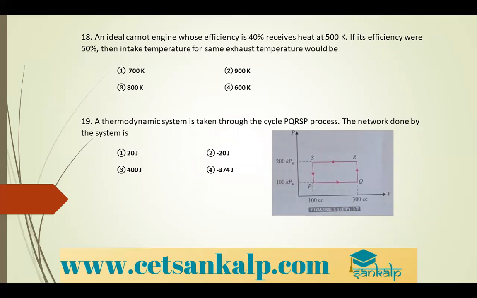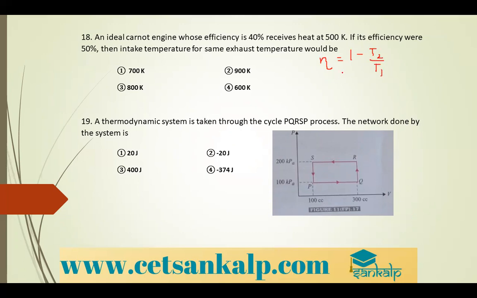An ideal Carnot engine whose efficiency is 40% receives heat at 500 Kelvin. If its efficiency were 50%, then the intake temperature for the same exhaust temperature would be? Okay, you have the formula: eta is equal to 1 minus T2 by T1.